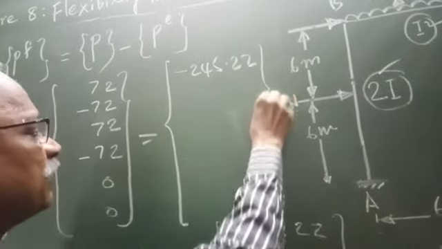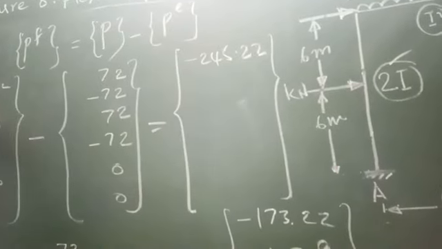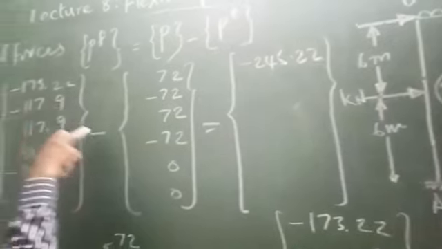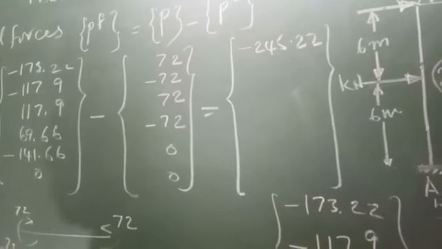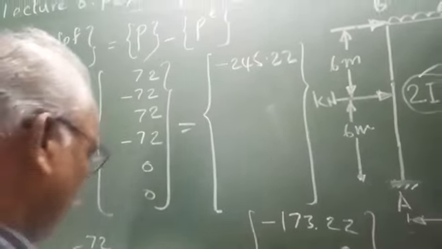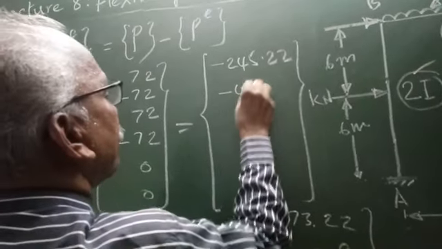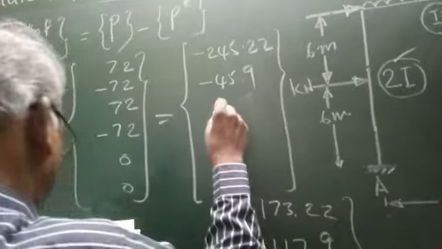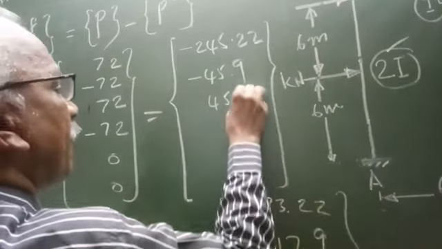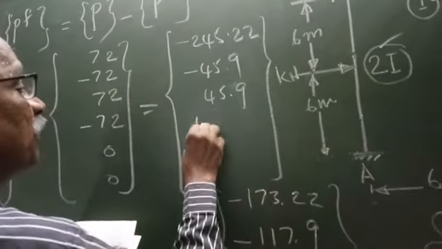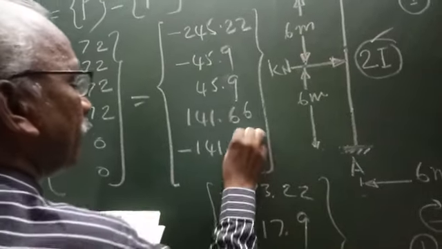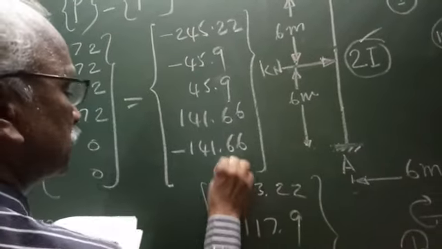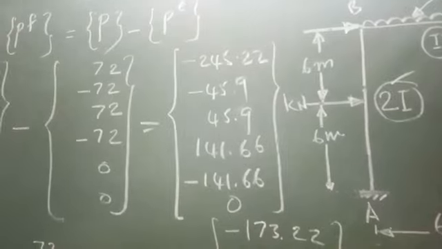So minus 245.22 minus 117.9 minus of minus plus 72. So this number will be minus 45.9, minus 45.9, plus 45.9, 141.66, minus 141.66 and 0. These are the final forces.